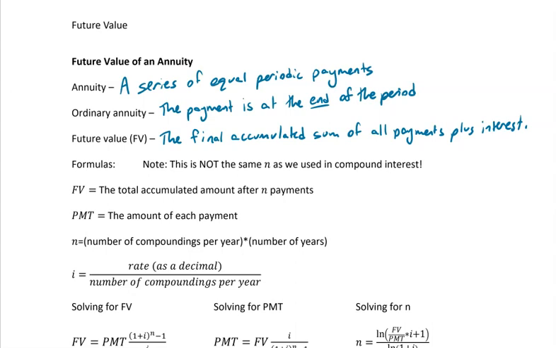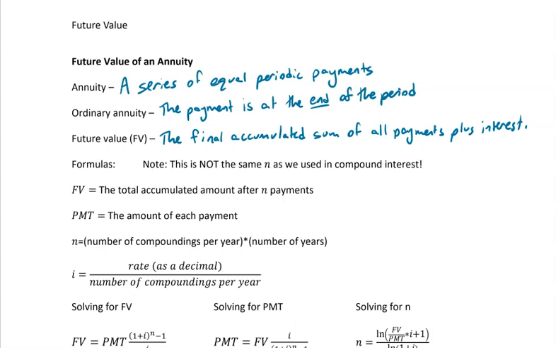It's similar to compound interest in that every, say, month, it's going to be accumulating more interest. The difference here is that you're also going to be adding more to the account as well. So the payment is the big difference.